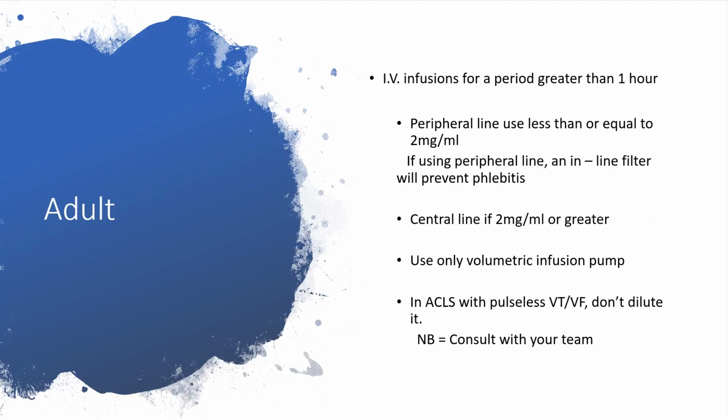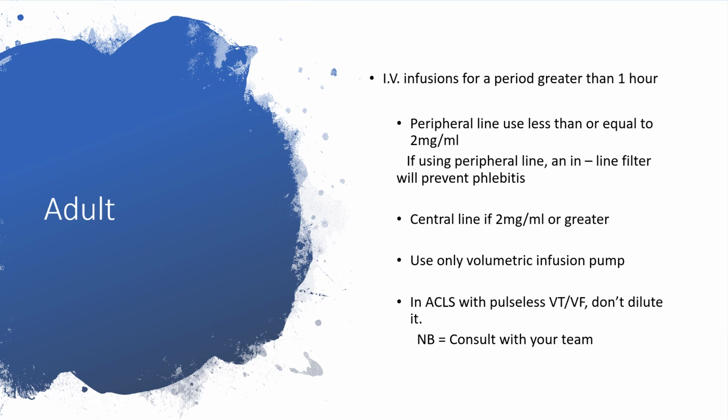Okay, in an adult, if amiodarone will be administered intravenously as an infusion, if the infusion is for a period greater than 1 hour, then we need to follow the following. If we're using a peripheral line, we have to use less than or equal to 2 milligram per ml only.